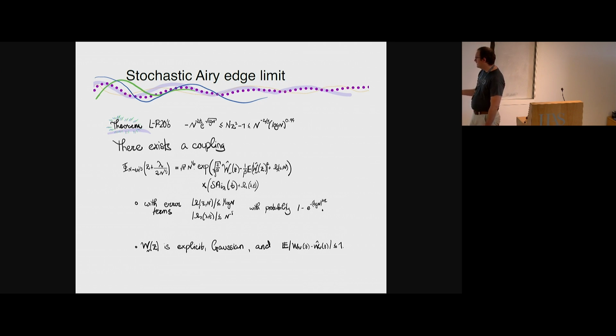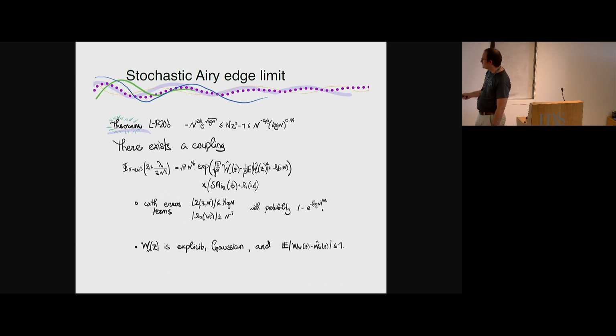Okay, then the characteristic polynomial in its edge scaling has a couple of parts. So we have the same log correlated Gaussian field that appears here. So it's an exponential of this same W_n from before. There's a small change in the behavior, but it's effectively the same.